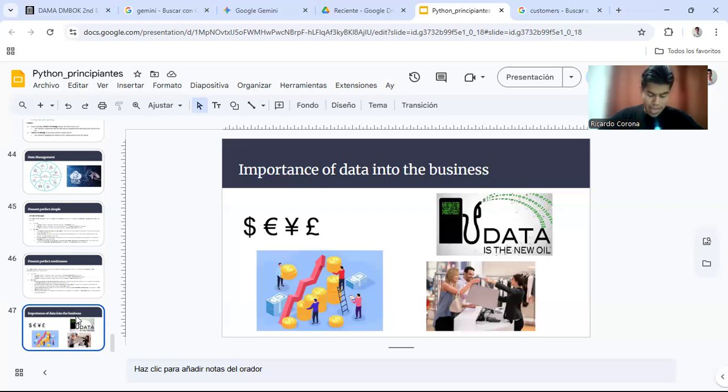And ensuring data can be used effectively and add value to the enterprise are the key aspects about our data, the importance of data in business, and how you can get education about data.